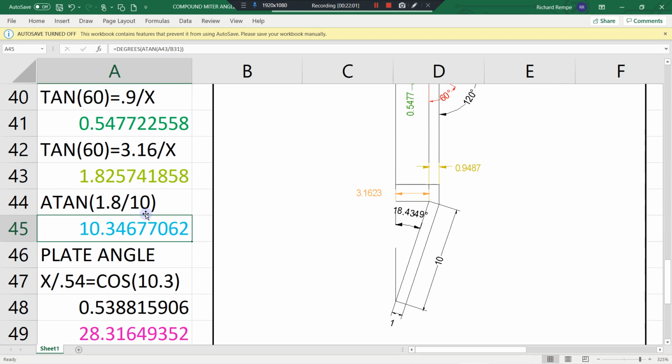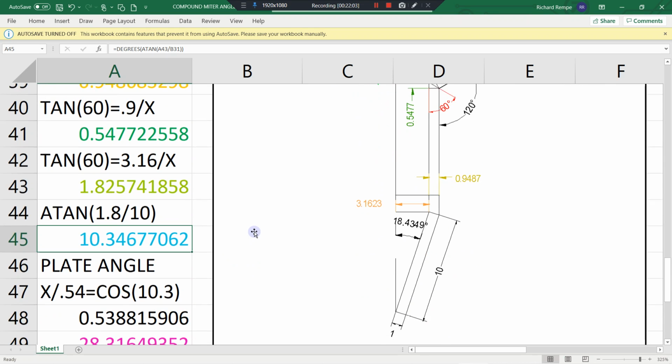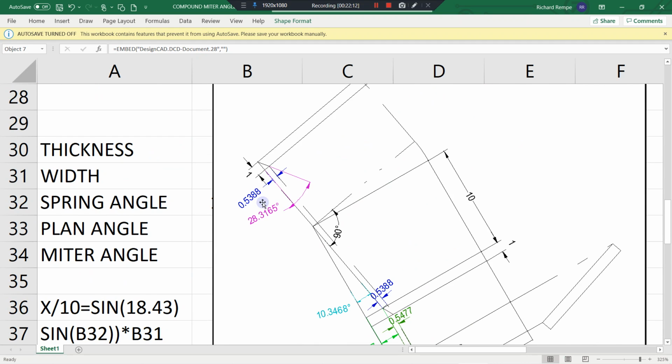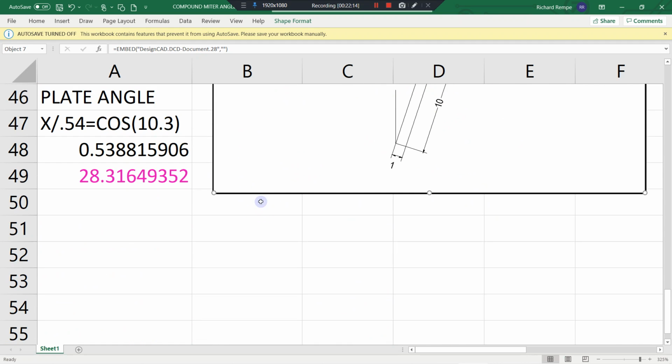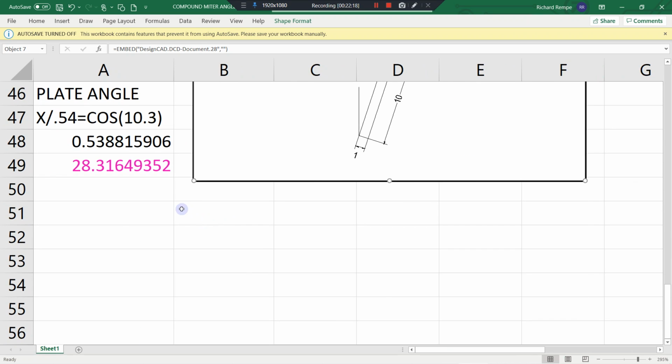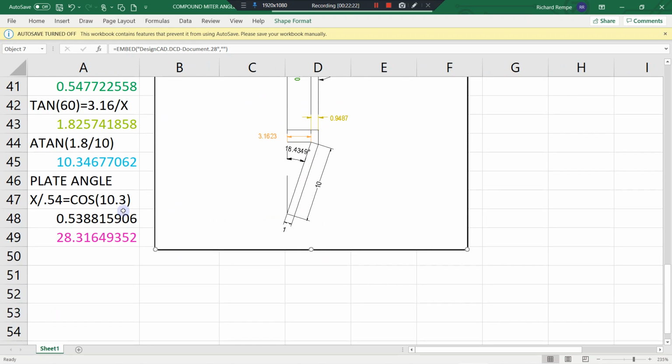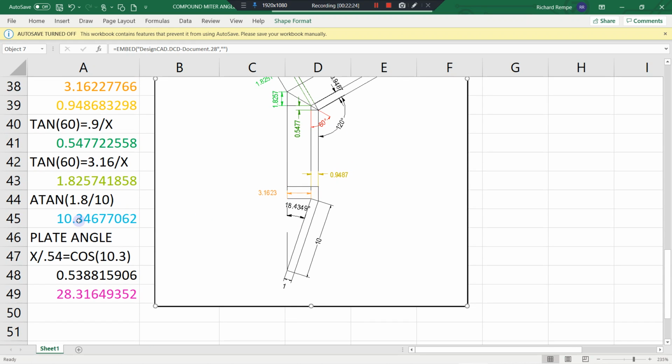Then the plate angle, what's the plate angle? And then the dihedral angle. Boy, this thing jumps around, man, it gives you a headache. So that is the plate angle.